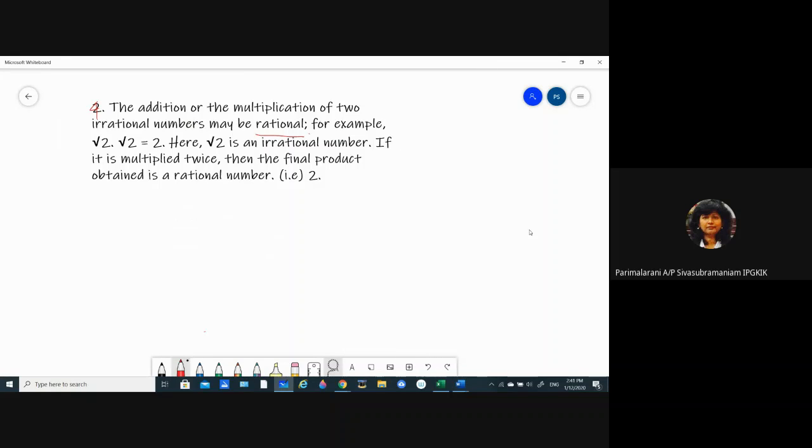Now, when both the numbers are irrational, the product or the addition may be rational. For example, root 2 multiplied by root 2, you get 2. Irrational times irrational gives us a rational number. That is one example.